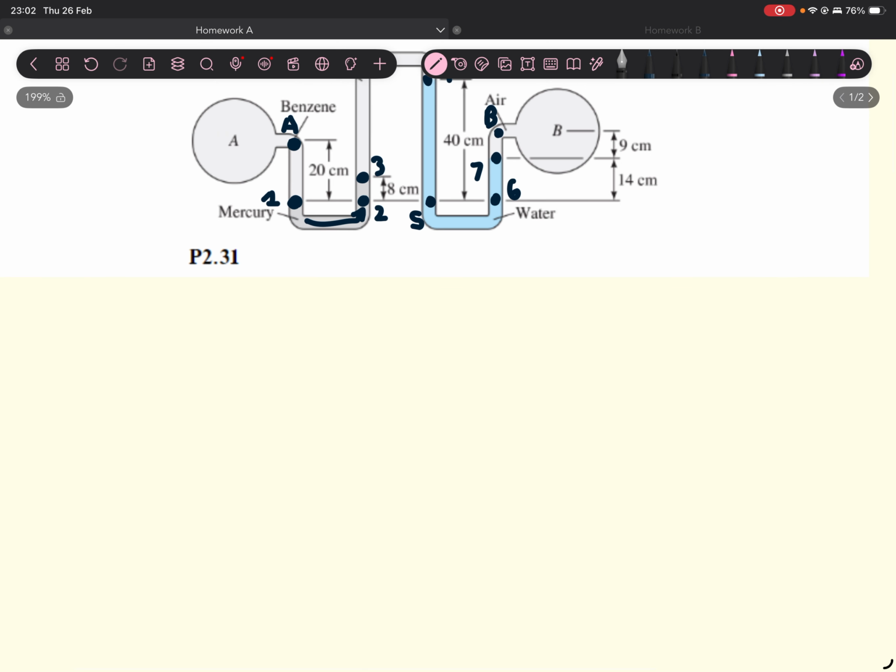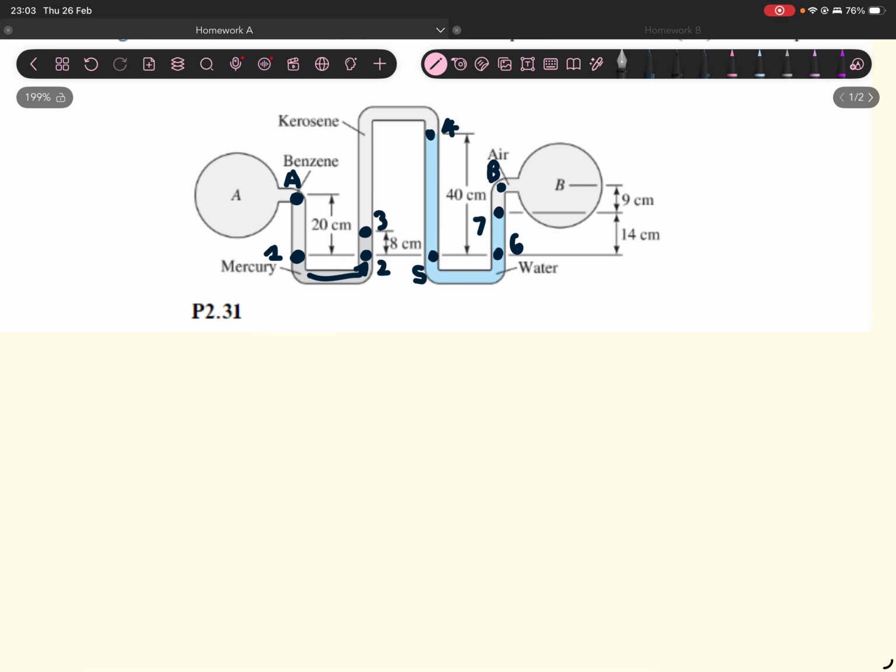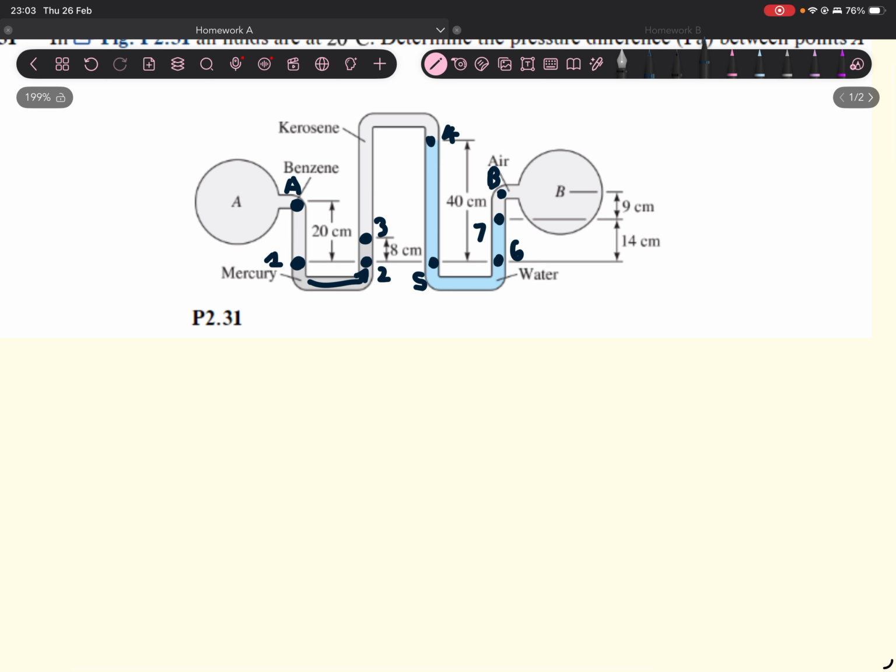So what we're going to do is calculate the pressure throughout. We're going to start at point A, then move down and calculate the pressure at point 1. Then we move across, calculate the pressure at point 2, then to 3, then to 4, then to 5, and so on and so forth.